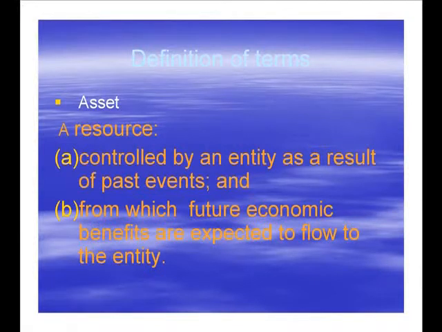It says an asset is a resource. What type of resource? This resource is controlled by an entity. Entity means a business. This is the term we use in accounting, entity. As a result of past events. So we have here various assets: chairs, cameras, microphones, computers, all these are assets.